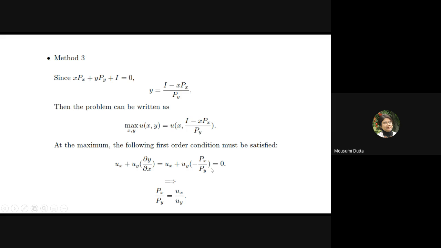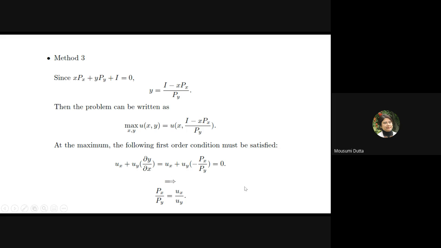So substituting dy by dx in this equation by minus px by py, we can write the equation as ux plus uy into minus px by py equal to 0. This finally gives px by py is equal to ux by uy, or px by py is equal to MRS xy.